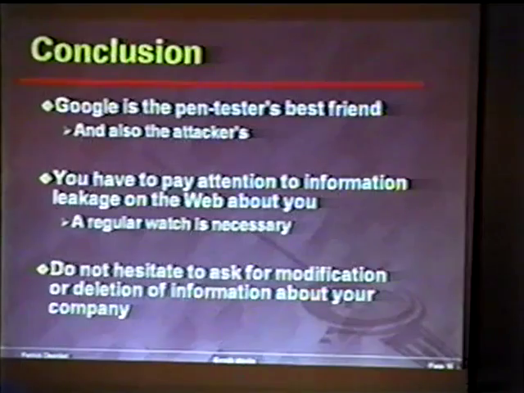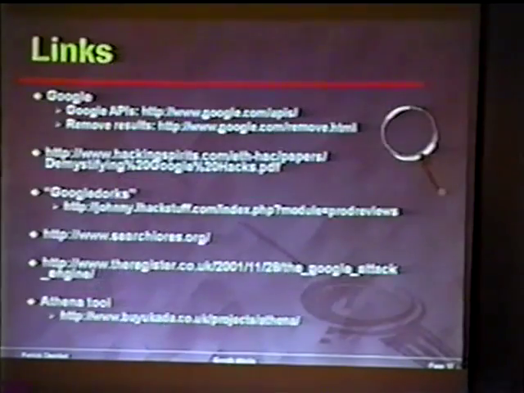Google is a great tool. It's the pen tester's best friend and also the attacker's best friend. You have to pay attention about your information, your public information. And do not hesitate to ask Google to be removed from its database. I think I didn't forget something.